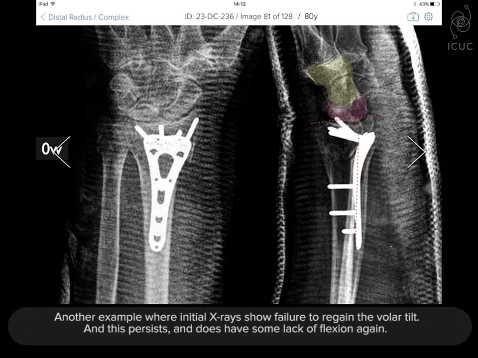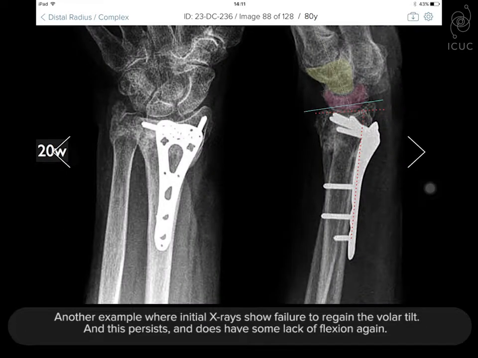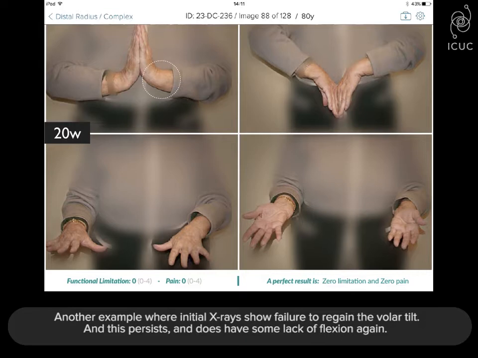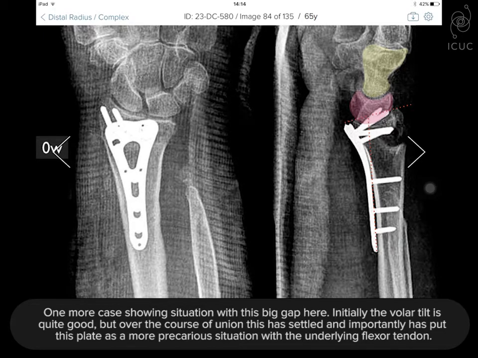Another example where initial x-rays show a failure to regain the volar tilt, and this persists and does have some lack of flexion again. One more case showing a situation with this big gap here.